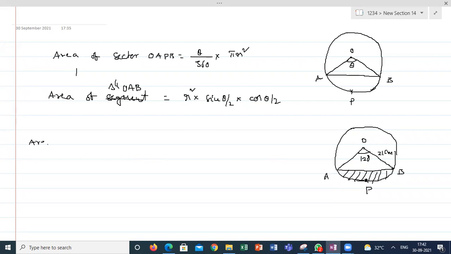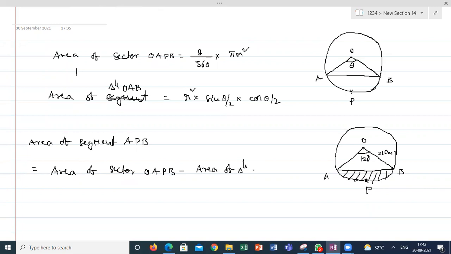So the area of segment APB will be equal to the area of sector OAPB minus the area of triangle OAB.